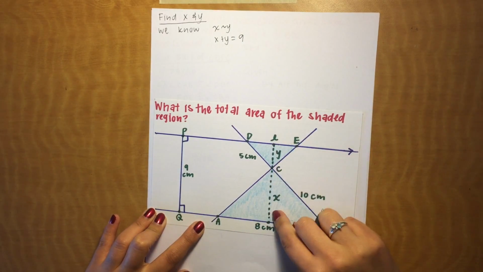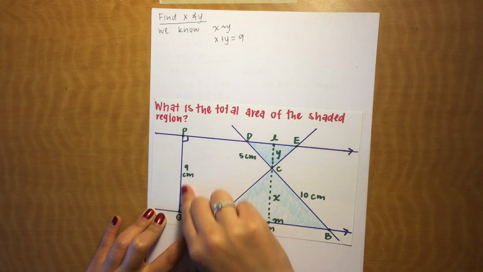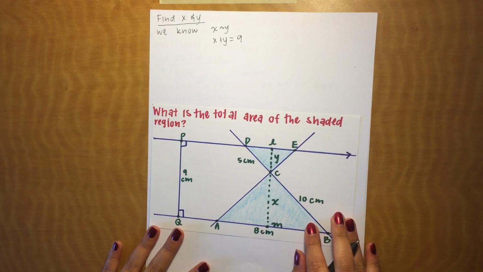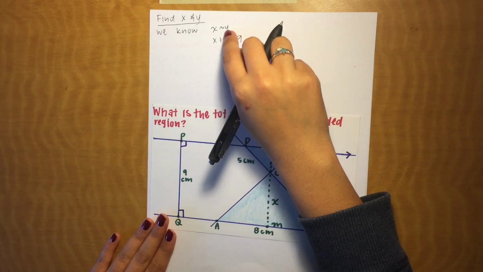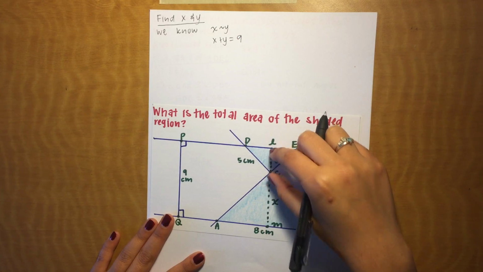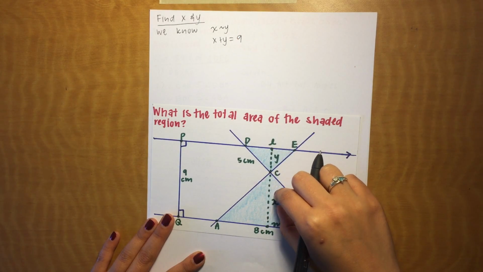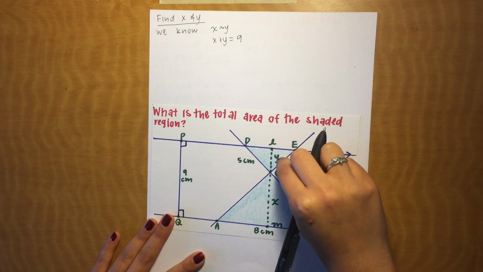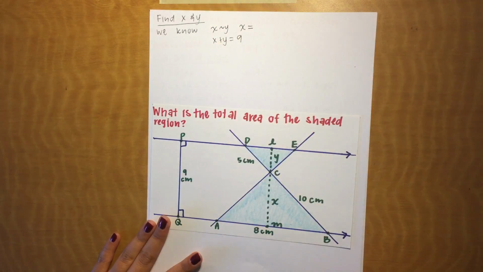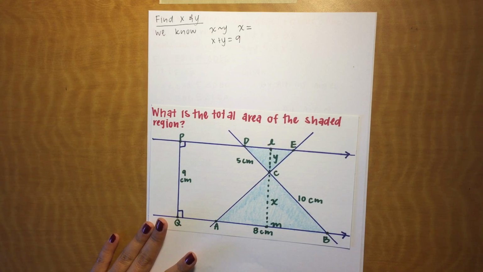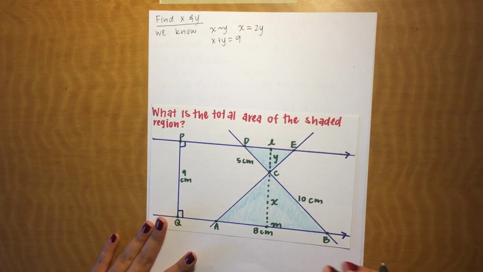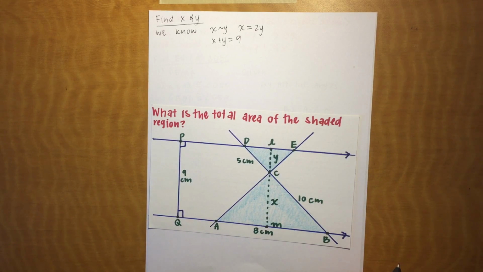And from the similar triangles and the scale factor relationship, we know that x equals 2y.